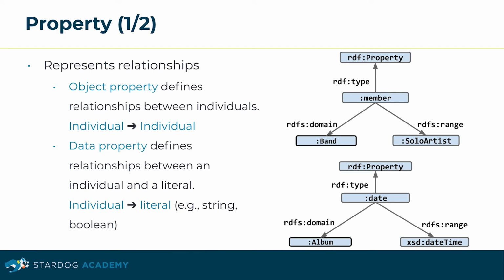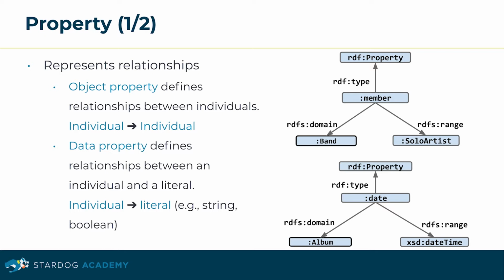In addition, another important ontology concept is this of property. Properties represent relationships, and we have two types of properties. Object properties, defining relationships between individuals, or else called instances, and data properties, defining relationships between an individual and a literal, such as a string, a boolean, an integer, etc. So in our music data example, we can see that member is a type of RDF property.